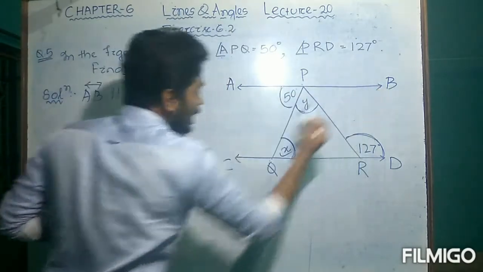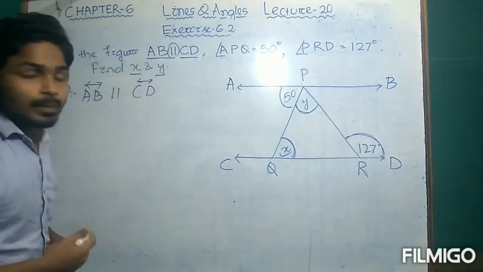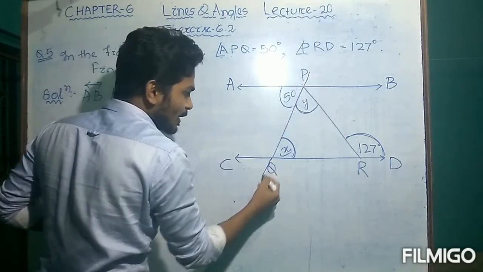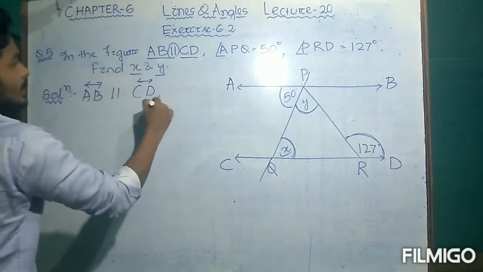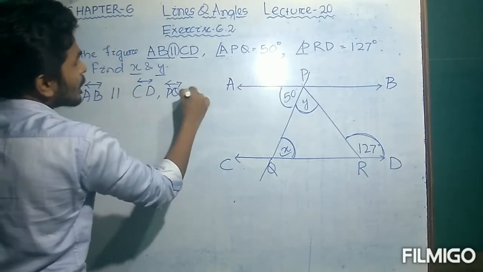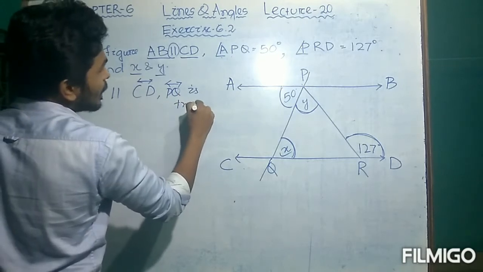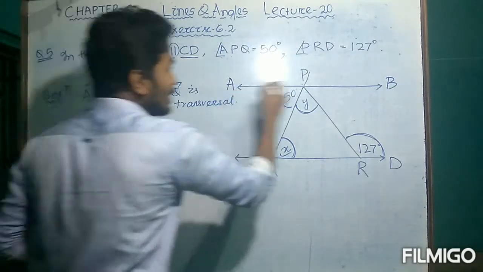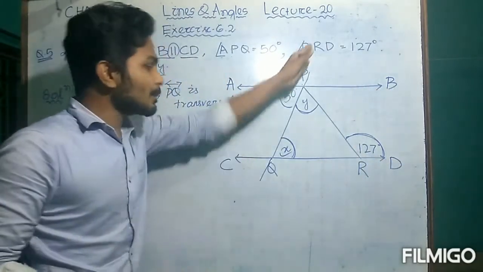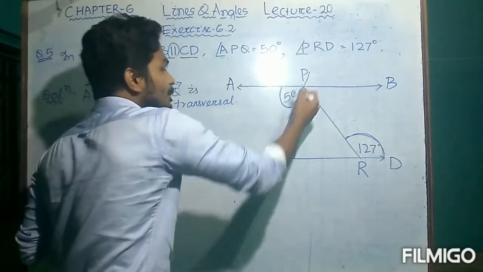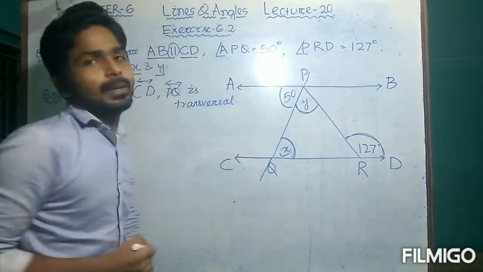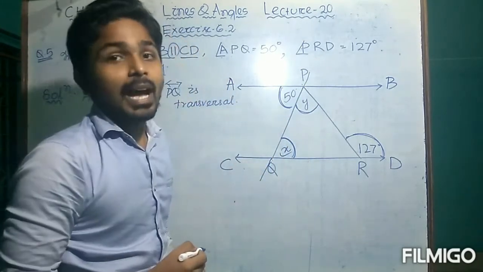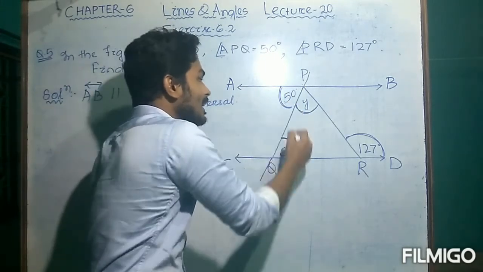Now as it is given that line AB is parallel to line CD, consider this PQ as a transversal line. Clear? Next, if AB and CD are two parallel lines and PQ is a transversal which intersects AB and CD at two distinct points P and Q, then this angle and this angle are known as alternate interior angles.